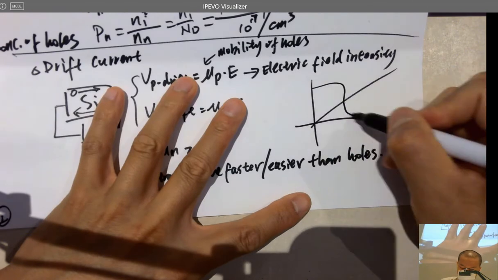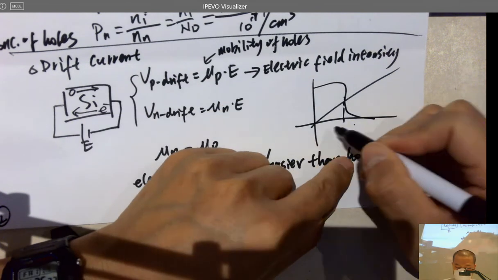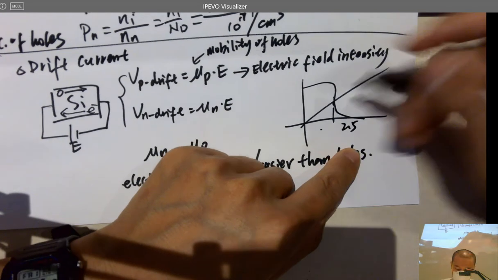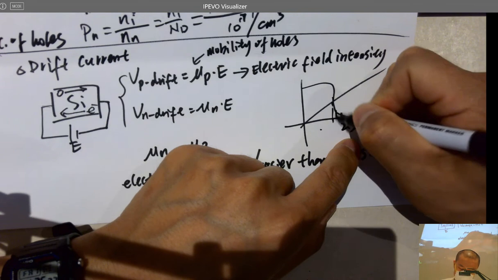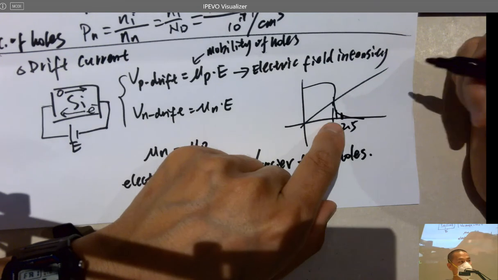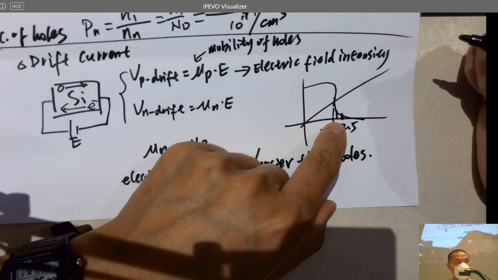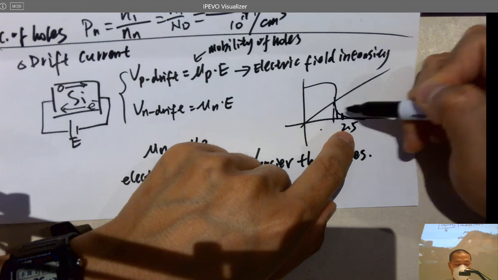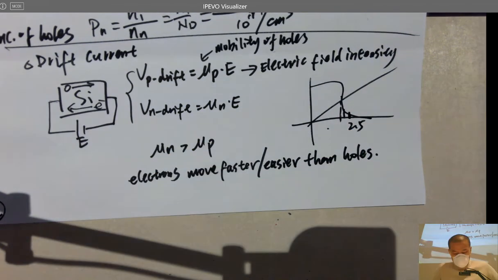Where is 2.5? It's exaggerated, but 2.5 is somewhere here probably. Why? It's pulling to 0 earlier than 2.5. Okay, good to understand that.